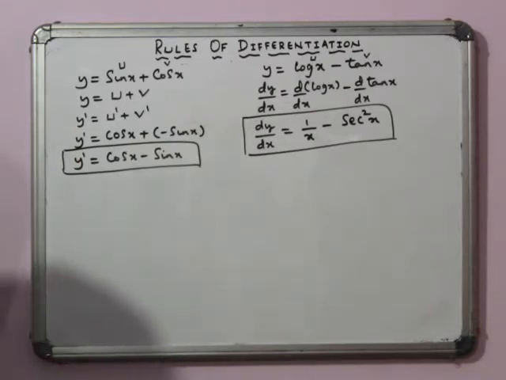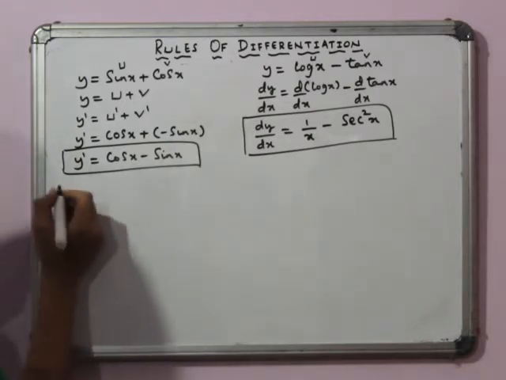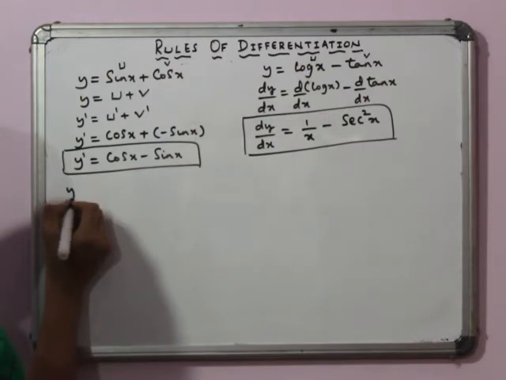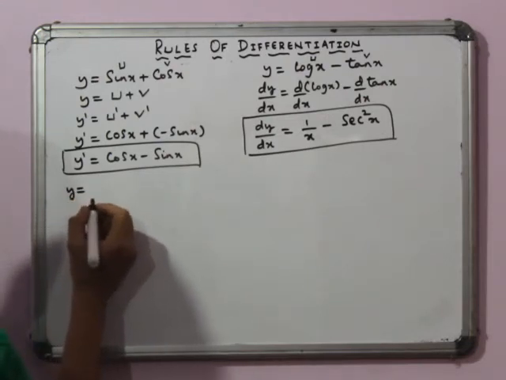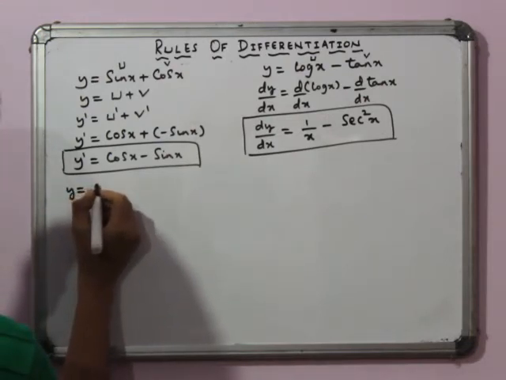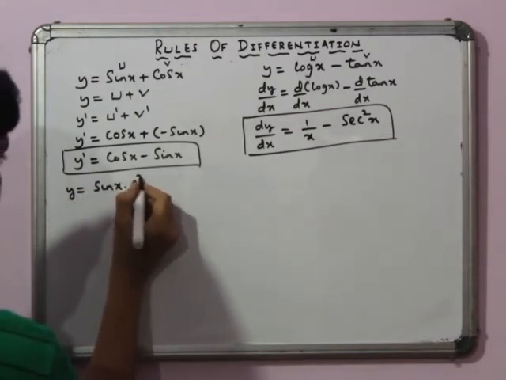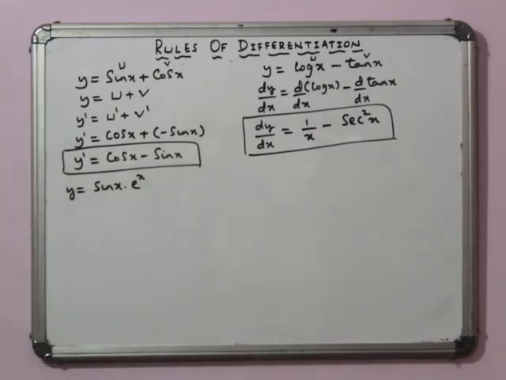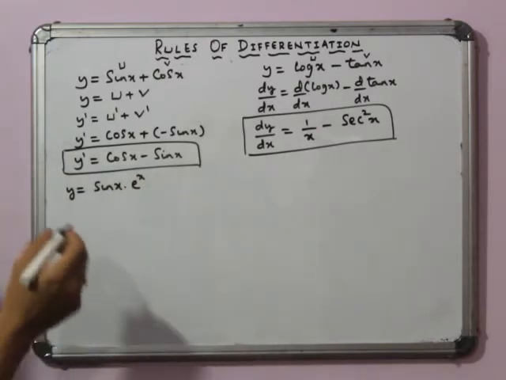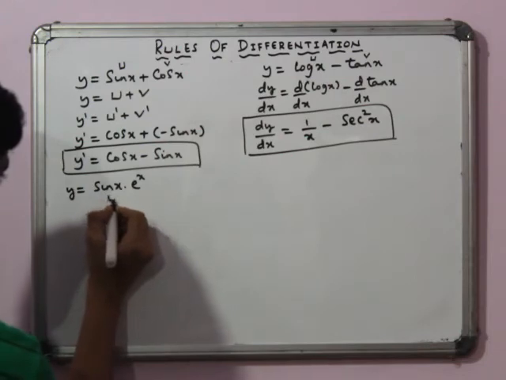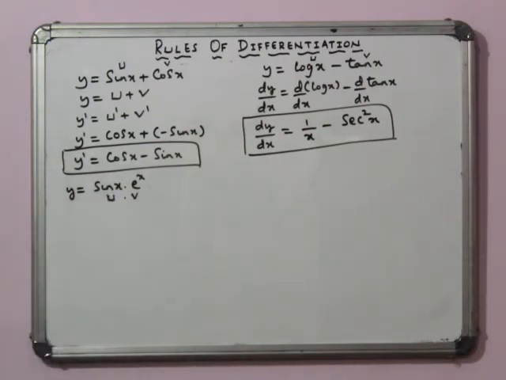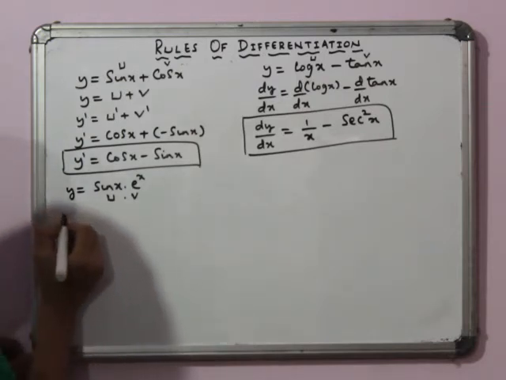Now let us solve a product rule problem. Y is equal to sin x into e power x. Now observe this. This is of the form u into v. So first let us write the formula.